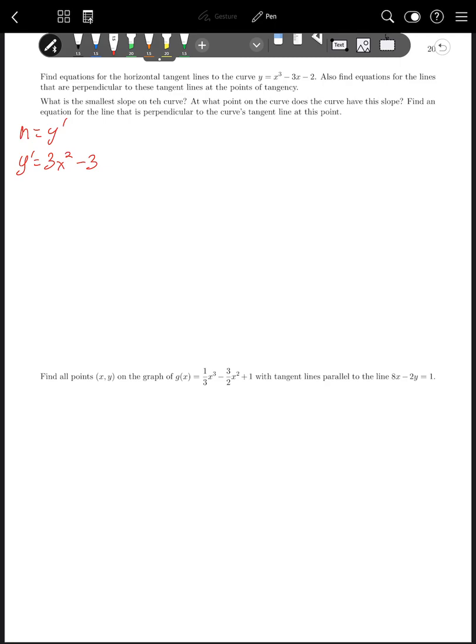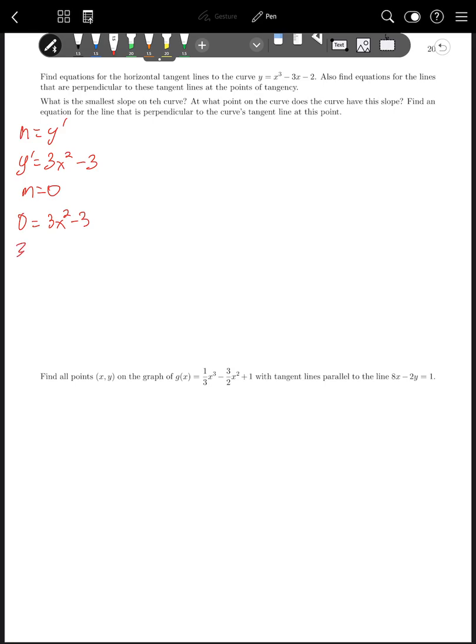Okay, so the first thing it's asking is to find out when it's horizontal. Well, horizontal lines have a slope of 0. So what we want to do is figure out where this has a slope of 0. Okay, at what points does this have a slope of 0? So set this equal to 0 and solve.